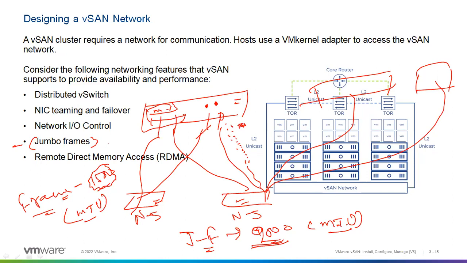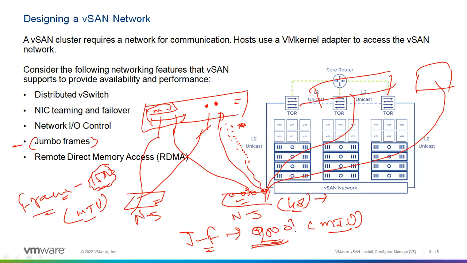When we say jumbo frame, it means that I am increasing the MTU value. This MTU value should be configured on these network ports because the default value is 1500. We should communicate to our network engineer: Hey, Mr. Network Engineer, my ESXi ports are coming here, and we are consuming 48 ports from each switch.